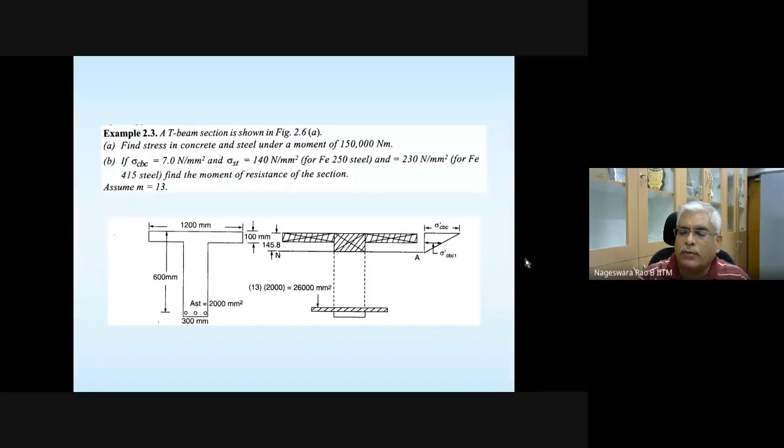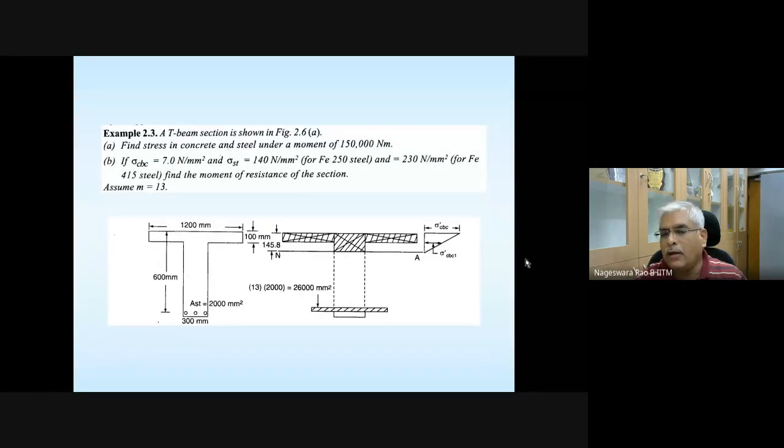So the moment of area in compression with respect to the neutral axis is equated to the moment of area in tension with respect to the neutral axis. That is the first step, irrespective of the shape of the cross section of the beam. Once you have that, you get the neutral axis depth.